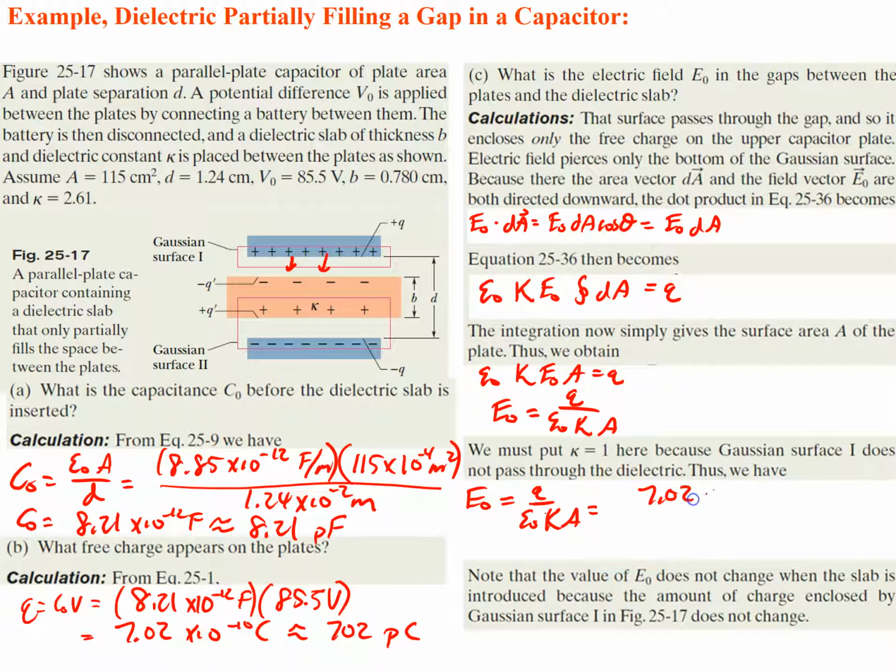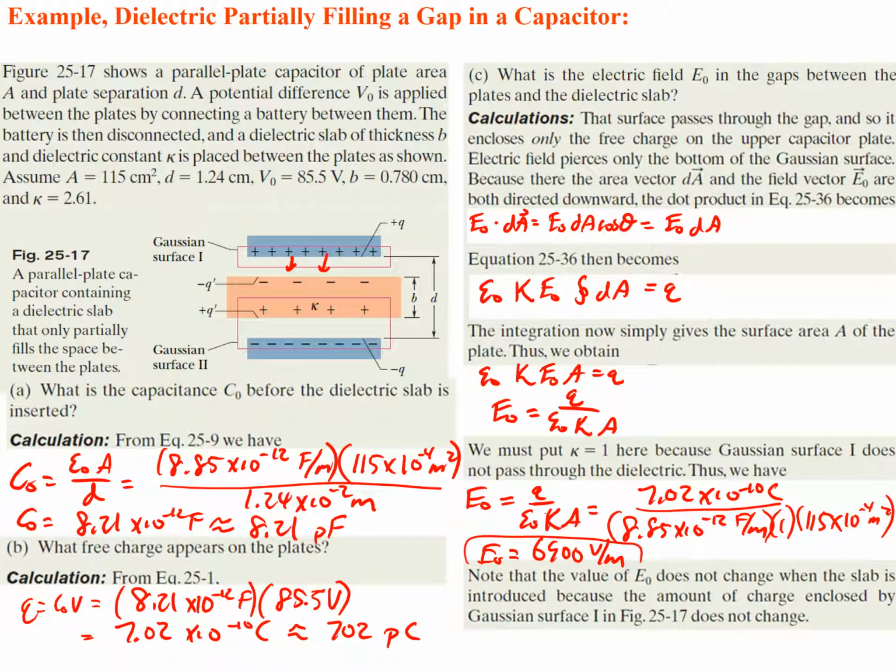Plugging in values, 7.02 times 10 to the negative 10 coulombs, divided by 8.85 times 10 to the negative 12 farads per meter, times 1 for our dielectric constant, times 115 times 10 to the negative 4 meters squared as for the area. And we get an answer of 6,900 volts per meter.